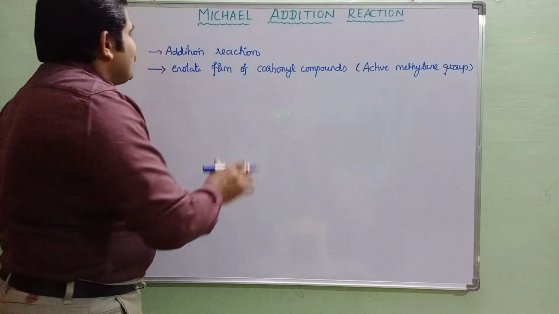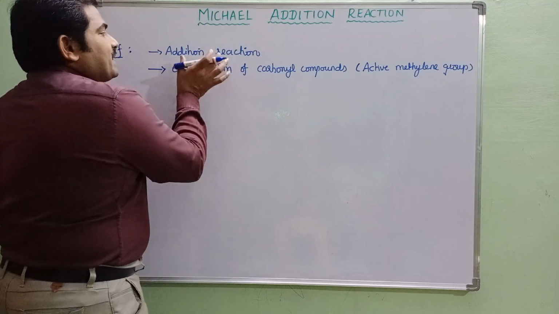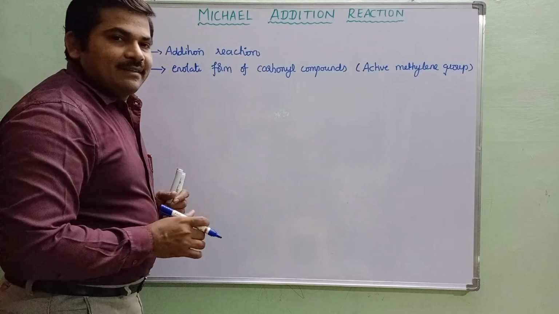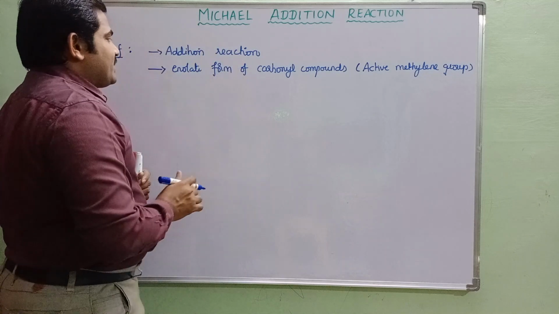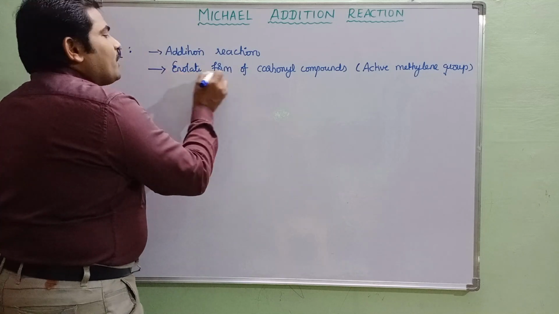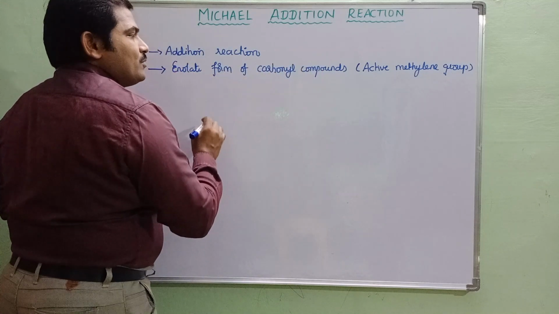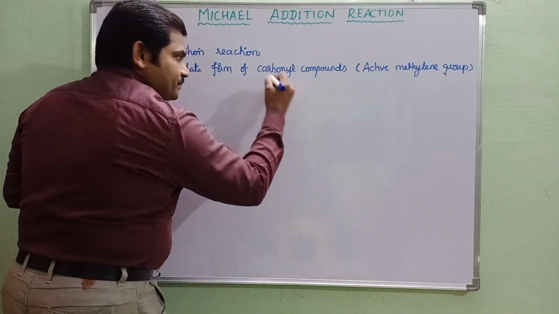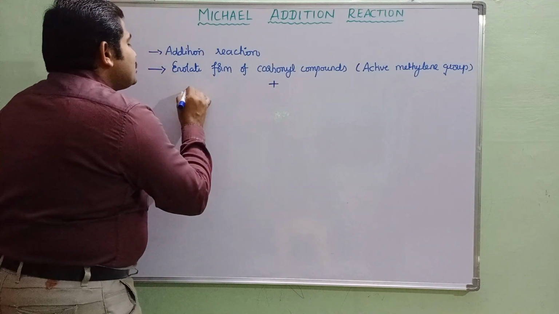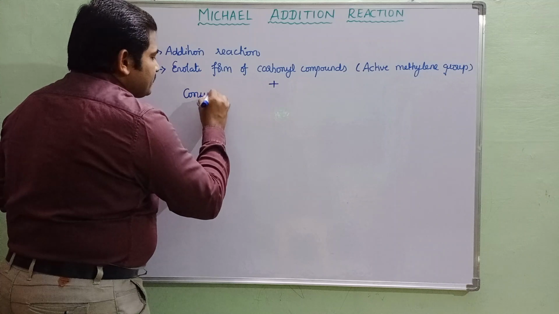Okay, in this particular reaction, what type of reaction is it? Addition reaction. So, it is an addition reaction in which enolate form of carbonyl compounds react with conjugated diene system.